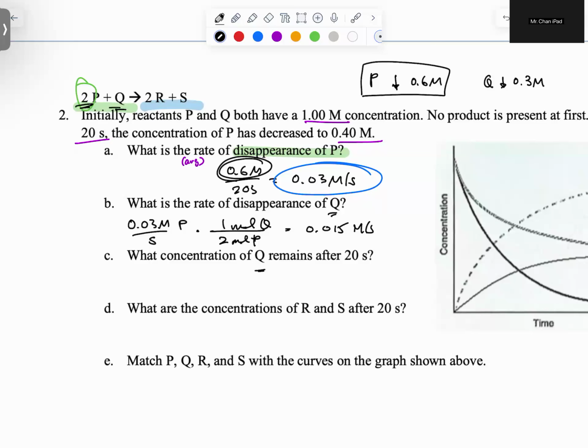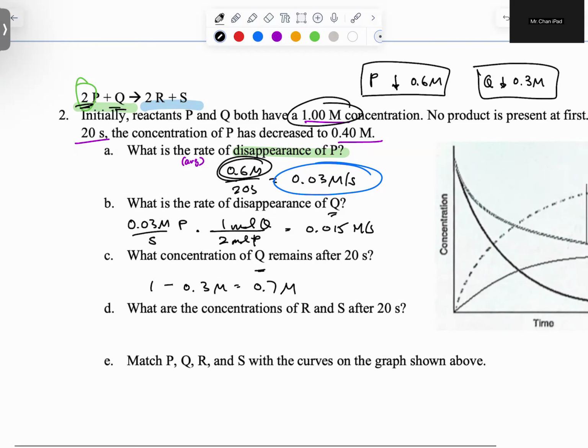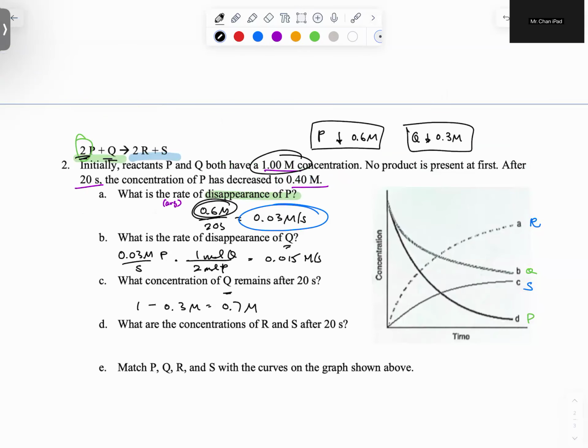If P drops its concentration by 0.6 molar in the first 20 seconds, then Q must drop by 0.3. 2-to-1 ratio. So they all start with 1 molar, so the concentration remaining after 20 seconds would be 1 minus 0.3, which is 0.7 molar.